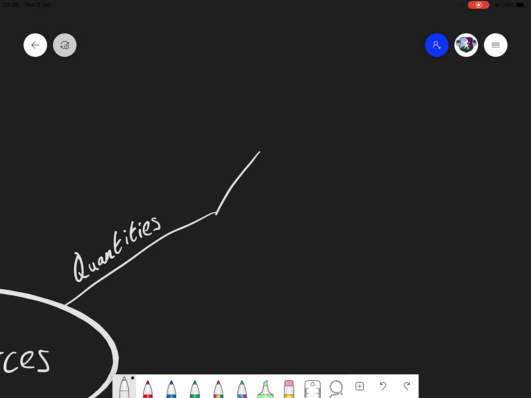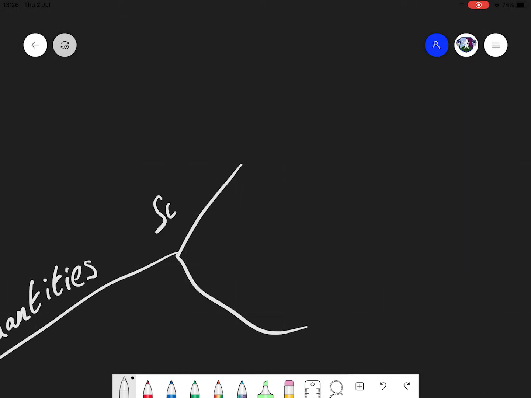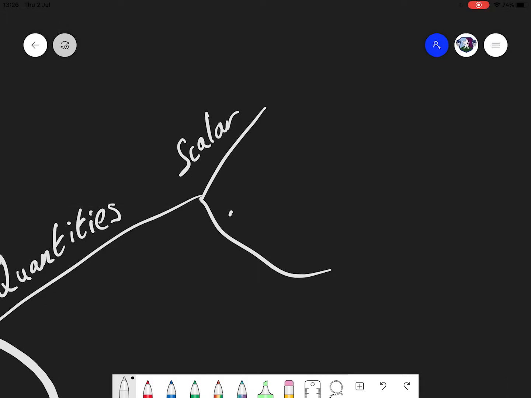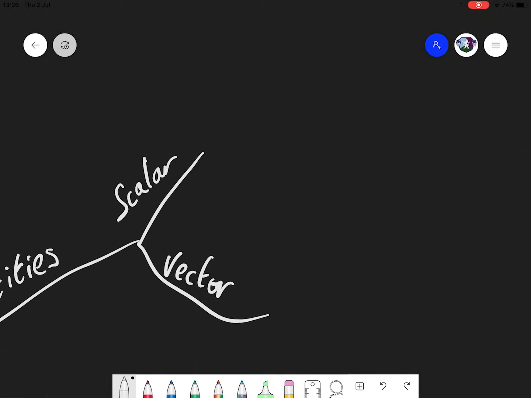And this is where we split it immediately into the two key definitions you need to know about regarding quantities, which is scalar and vector. Now you must be able to compare these two, give a definition, and provide examples.